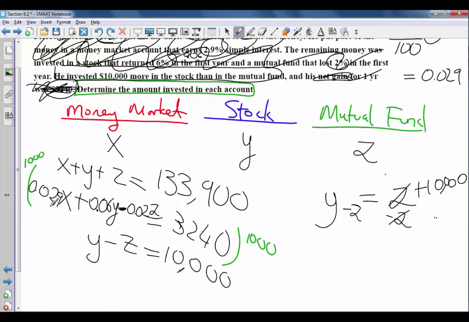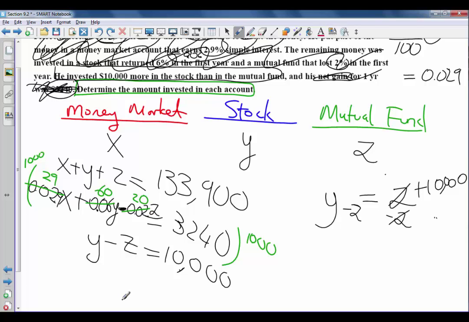This is going to make it 29x. This is going to make it 60. And this is going to make it 20z. 1,000 times 0.029, multiplied with a calculator, is going to turn this into 29, this into 60, and this into 20.